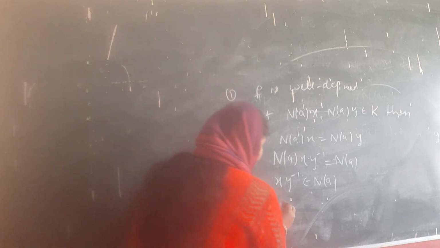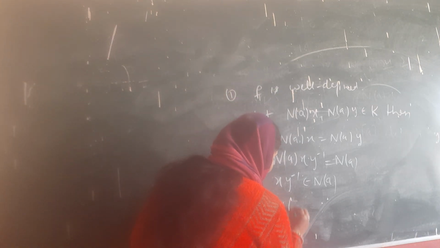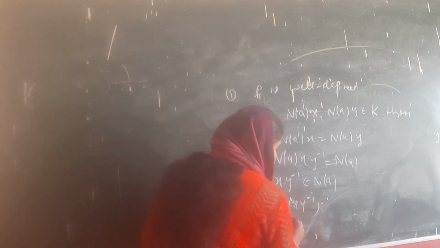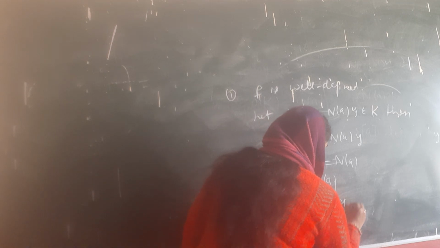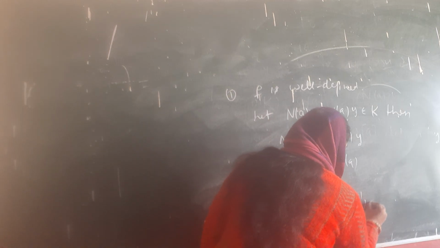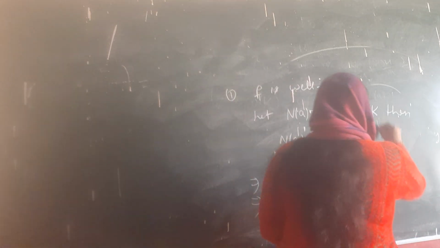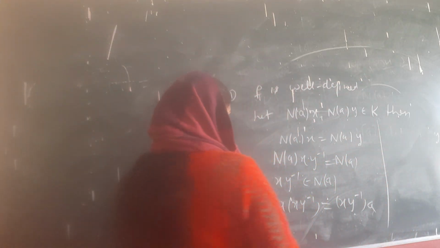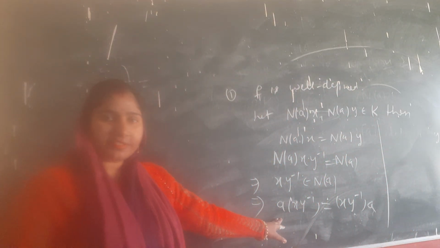It means xy inverse is equal to xy inverse A. We have to multiply by x inverse and cross multiply by y.